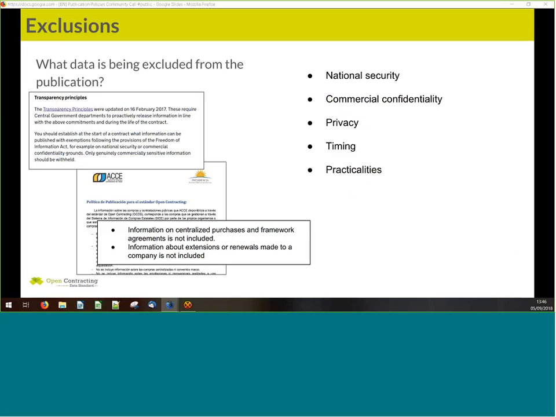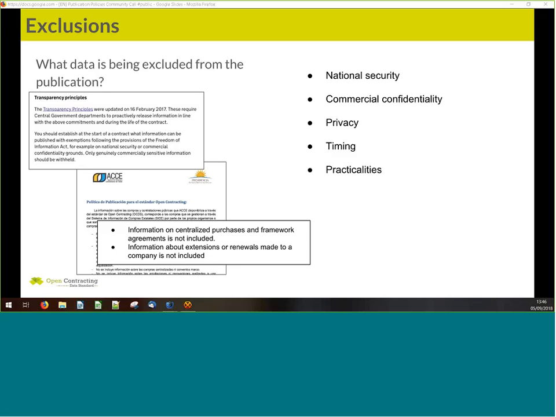Another key thing to include is exclusions from the data. So in an ideal world, an OCDS publication would include all possible contracting processes that happen in a given country or jurisdiction, but we know that there's cases where particular contracting processes or particular fields of data can't be disclosed, and there can be different reasons for that.